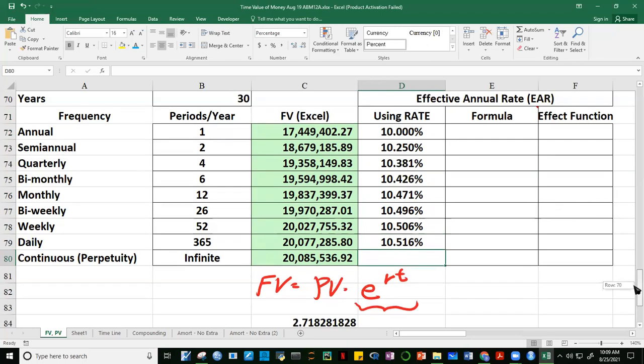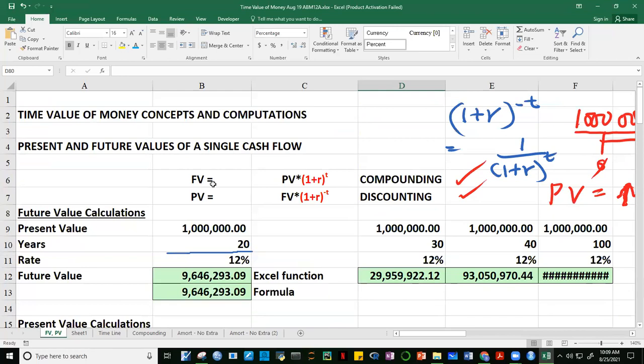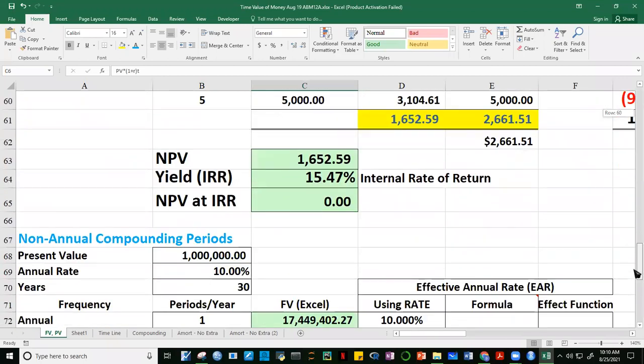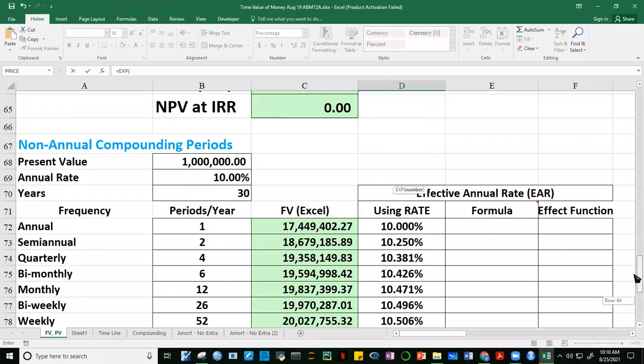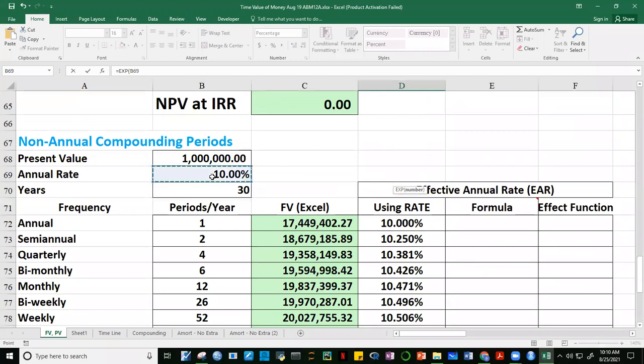Clue, guys, clue. Diba? Ito yung formula natin to get the future value: future value is equal to present value times 1 plus r raised to the t, diba? Asan yung rate natin dyan? Itong 1 plus r raised to the t, this is our compound rate. So therefore, dito, ang rate natin will be ito, e to the rt. So this is equal to exp, ang r natin, 10% times the t, 30.